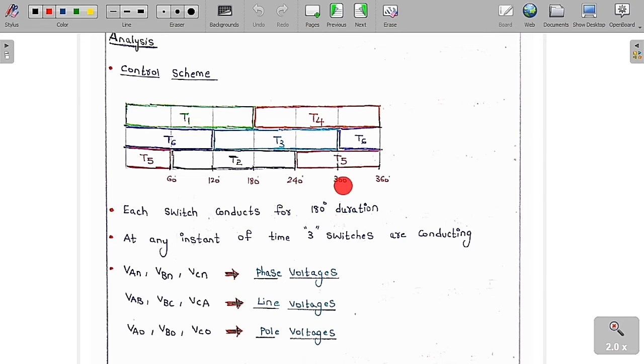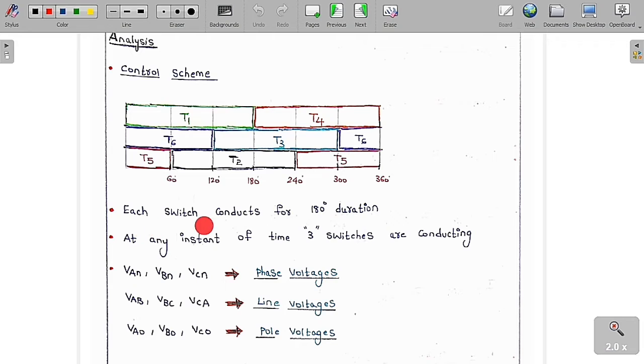In the third leg there are T5 and T2. After a phase shift of 240 degrees from the origin, T5 conducts from 240 to 60 degrees, and in the remaining range, 60 to 240, T2 conducts. Each thyristor conducts for only 180 degrees. This is the control scheme of the 180-degree mode of operation.